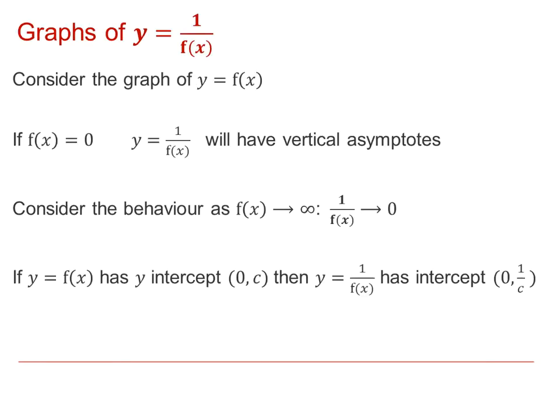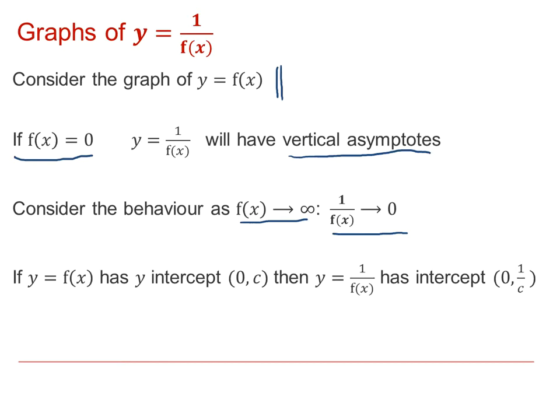So in general then, we consider the graph of y equals f of x. Firstly, look for points where f of x is equal to 0, and therefore we will have vertical asymptotes. Then consider the behavior as f of x approaches infinity, so therefore 1 over f of x approaches 0.